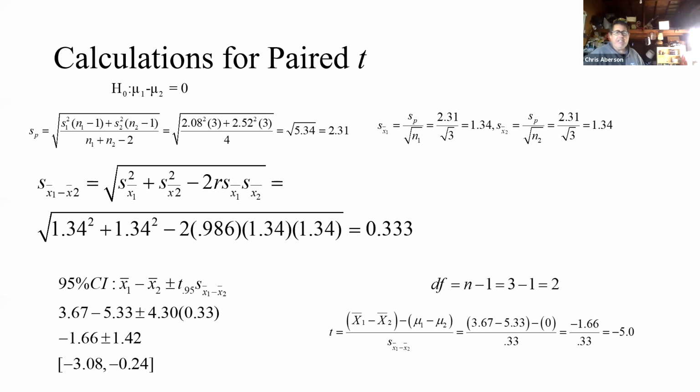The calculations, just to give you a flavor of the calculations, I've put the formulas here. The pooled standard deviation is calculated the same as before. The individual standard errors are always going to be the same because you'll necessarily have the same sample size because it's a paired test.